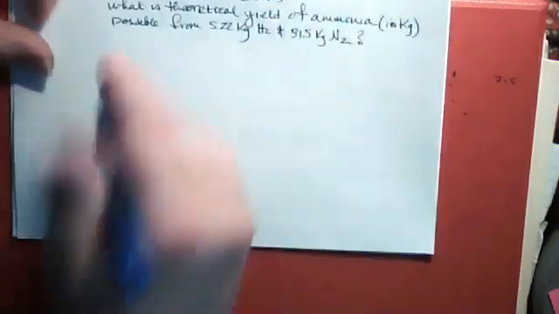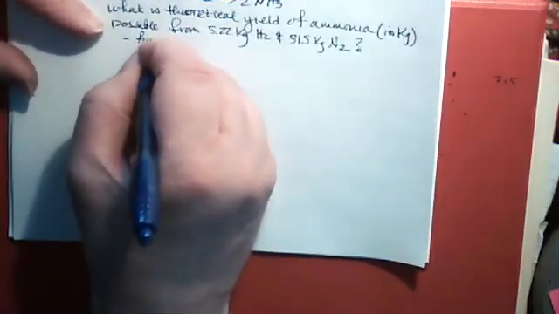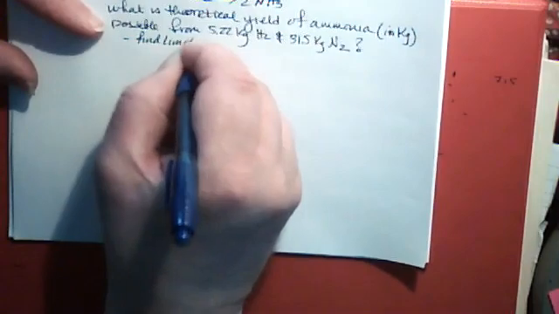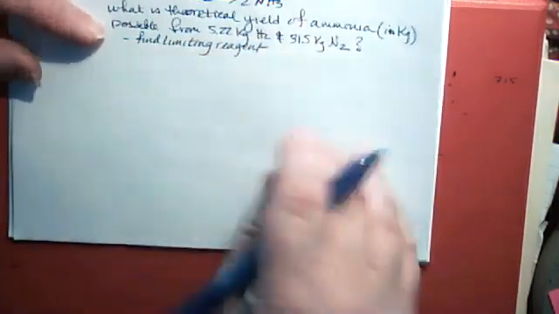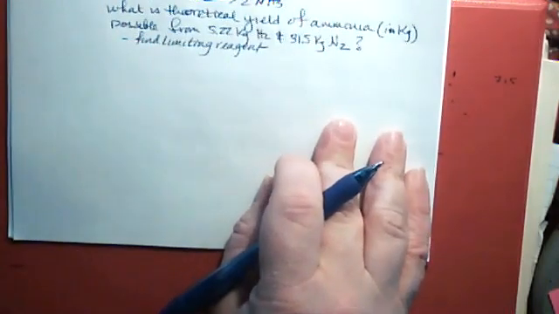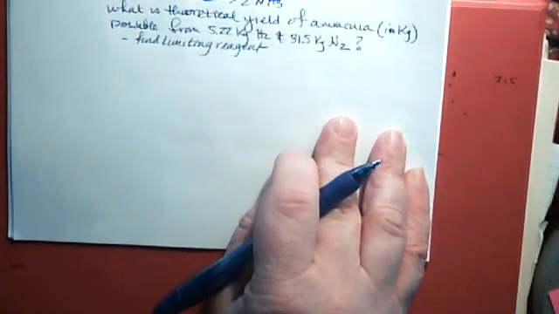Okay, so we have to find the limiting reagent. The only curveball for this question is that the masses have all been given in kilograms, but we can easily change those to grams by multiplying by 1,000.